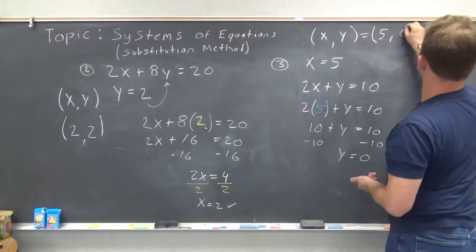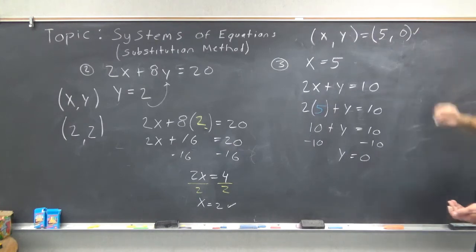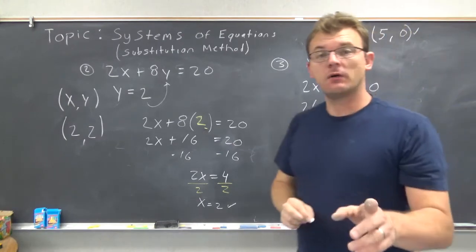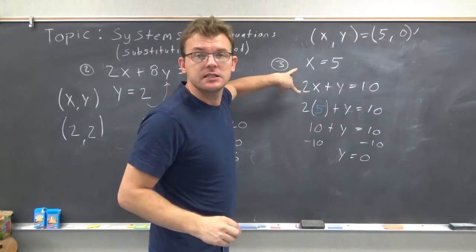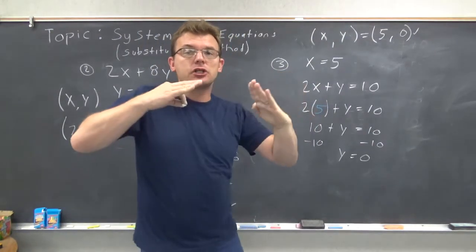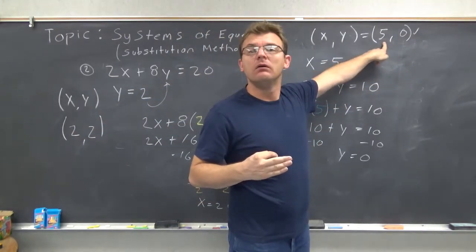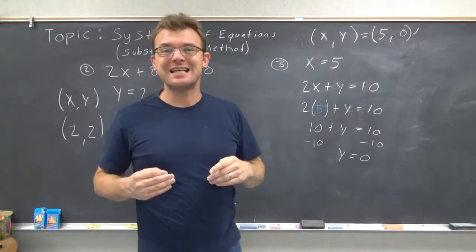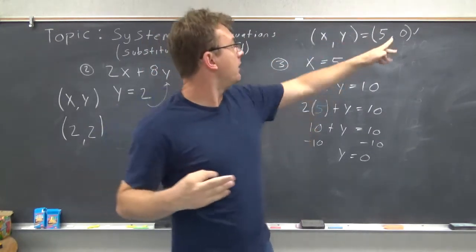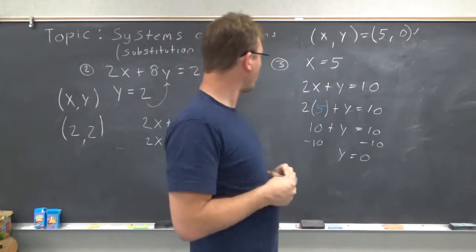So there's your solution set. These two equations should intersect at 5, 0. And that's their solution. Okay?